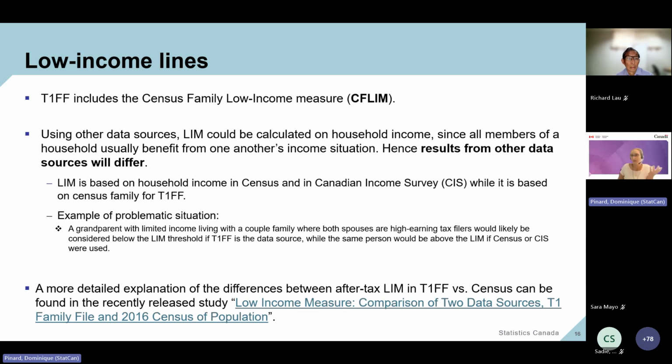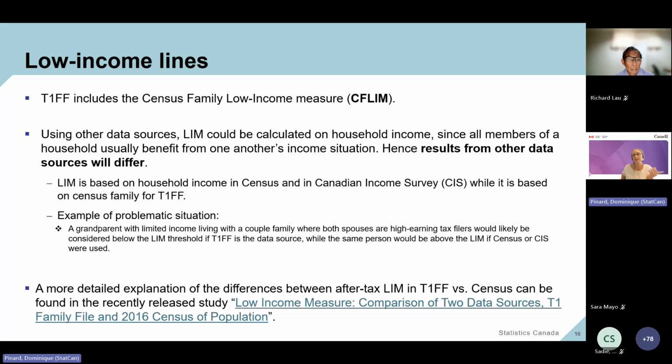Over the years, we noticed that the LIM rates were higher on TIFF than on other data sources that calculate LIM rate using households. However, the trends usually align pretty well between TIFF and these other data sources. Just the levels or the rates are a little higher on TIFF.